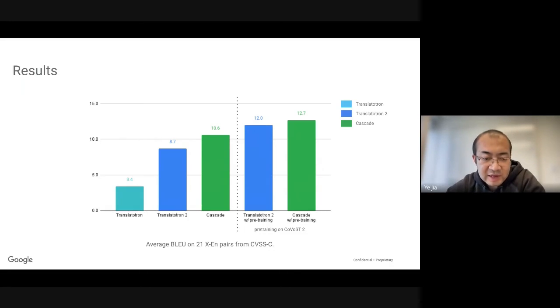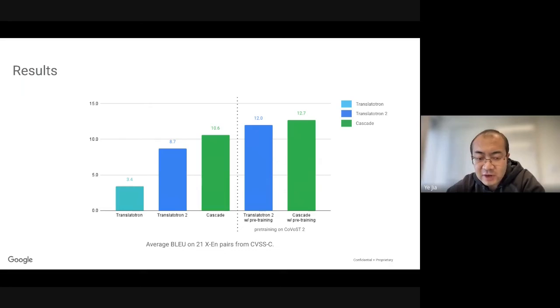So the three bars on the left are models trained from scratch on CVSS. As you can see, the cascade model performed best, and the original Translatotron performed worst. There is a significant gap between the cascade model and the Translatotron, but this gap is not hugely wide.